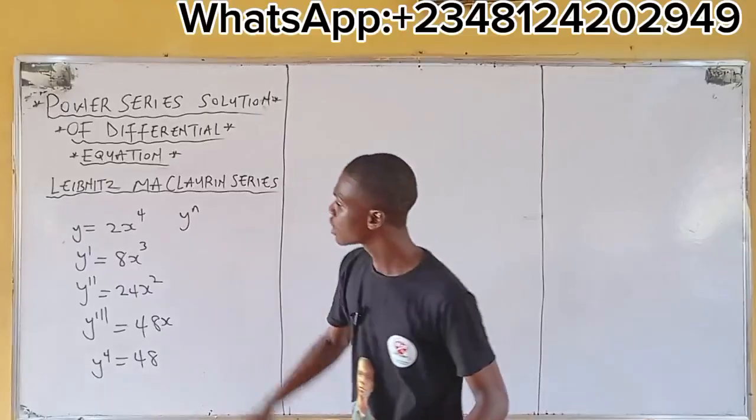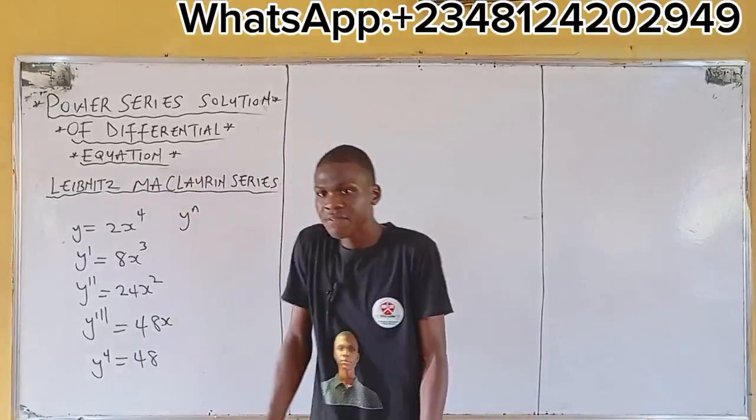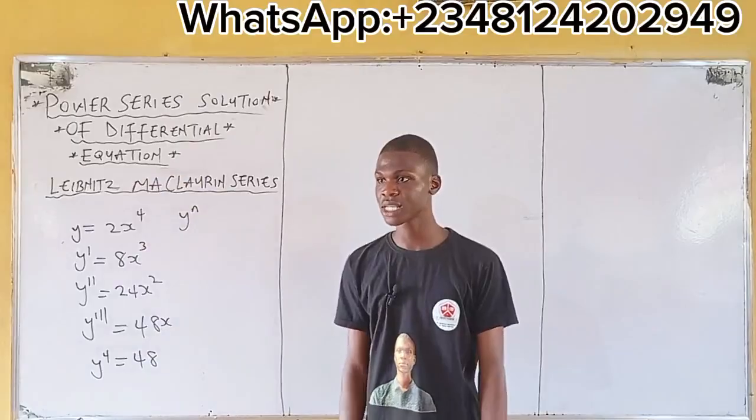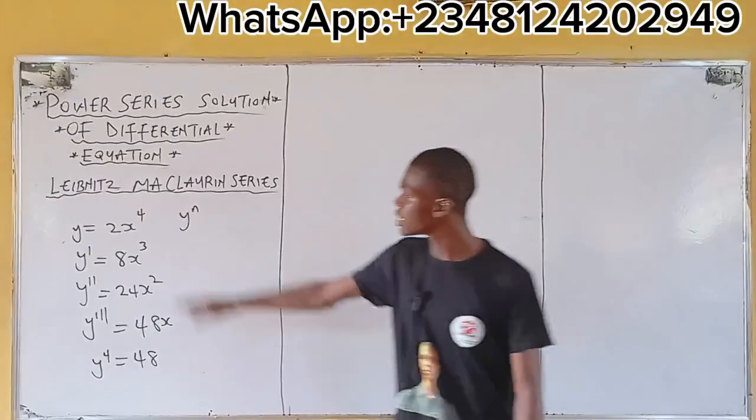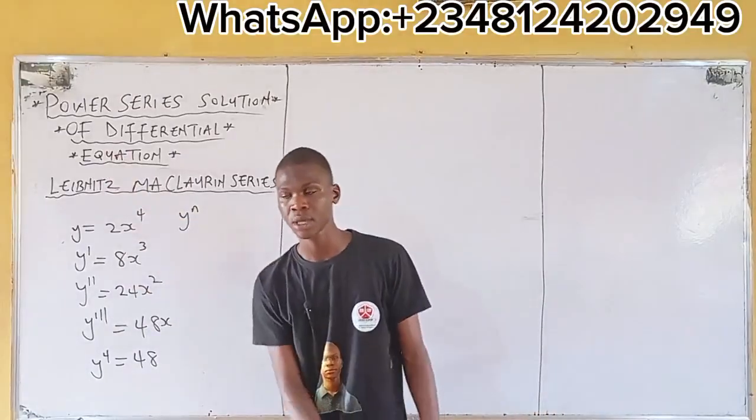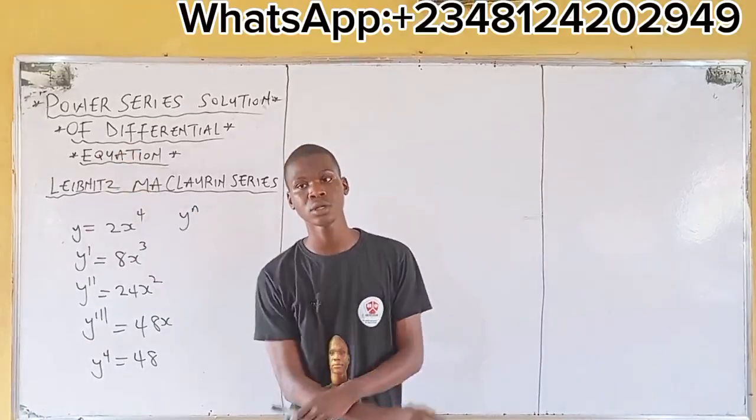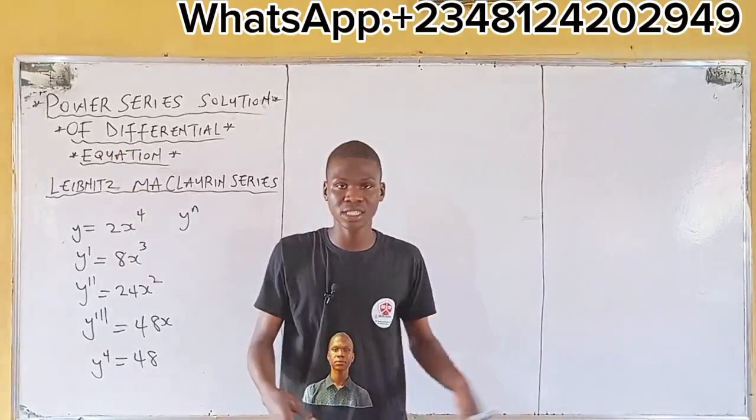But you observe that in this nth derivative, we are still having that same function. Let's say these are monomial functions. When I say monomial, we have quadratic, we have polynomial.